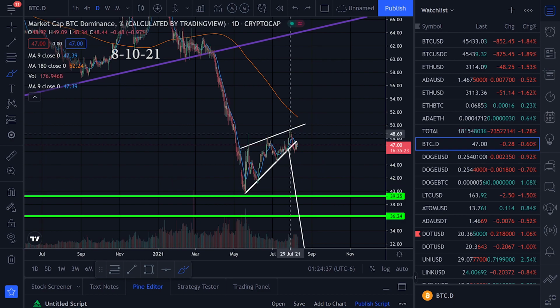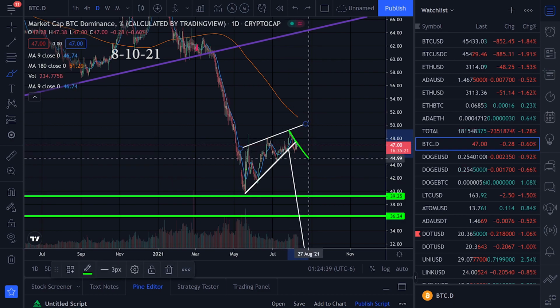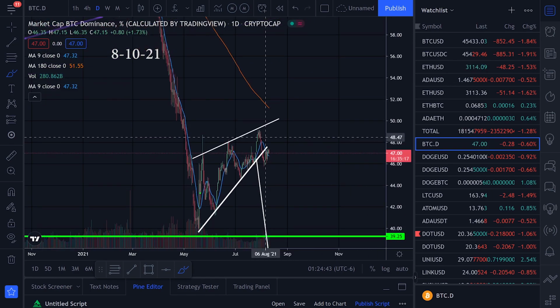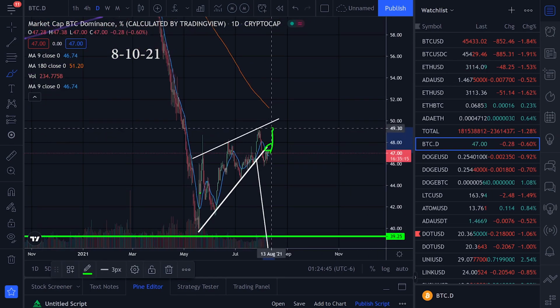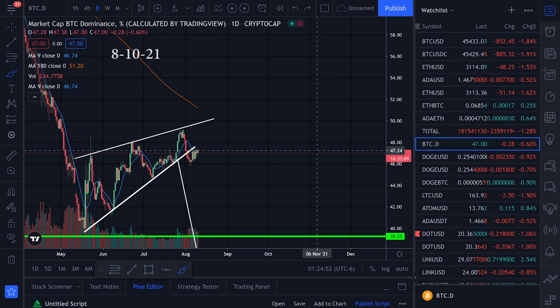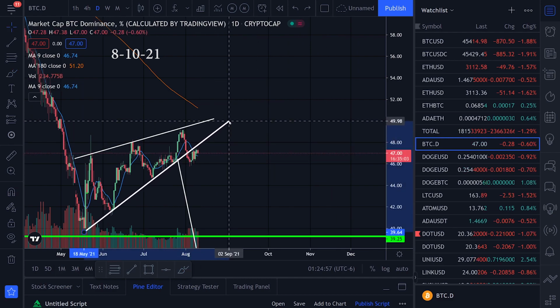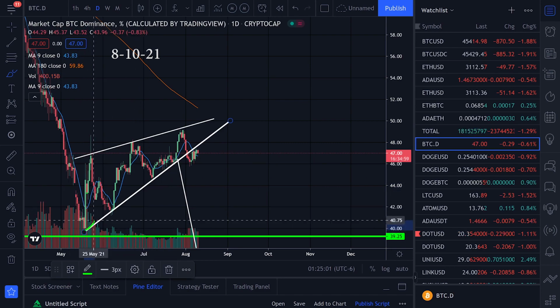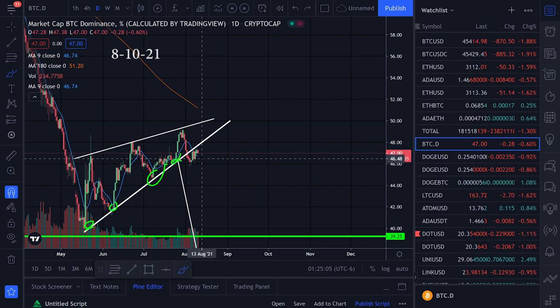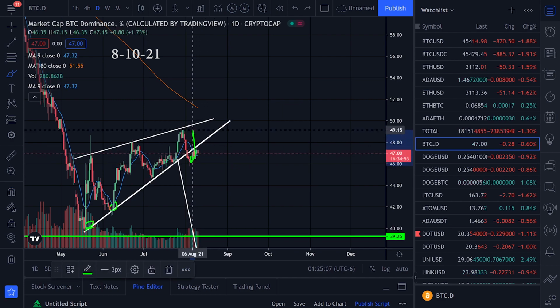So that's what I'm assuming, that Bitcoin dominance is going to keep trending down unless it can come back and fake out and re-break this trend line right here. But until it does, I don't know. We still haven't broken back up into even this bottom support line right here. We broke below that, and we haven't broken back above that yet.